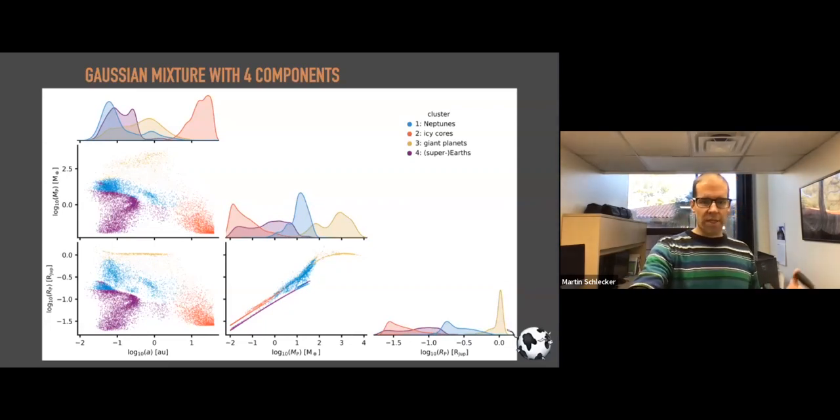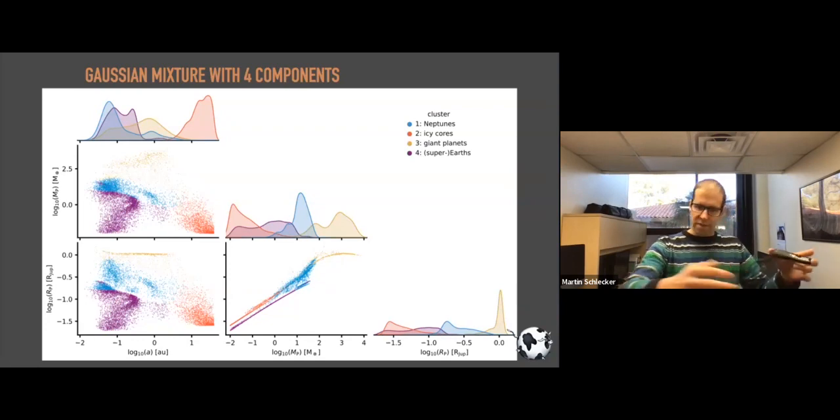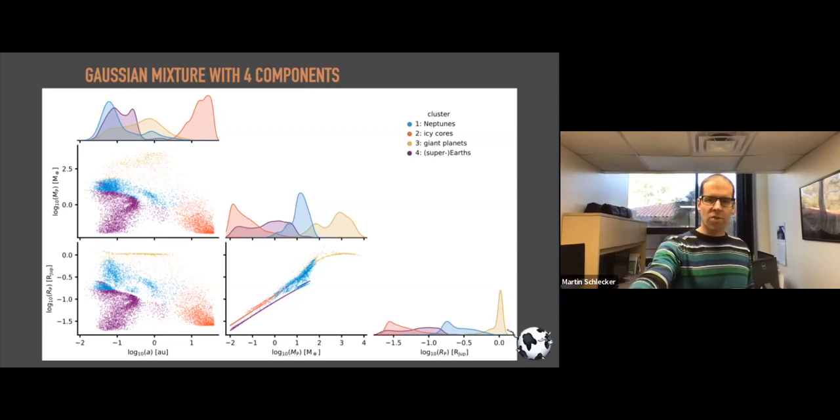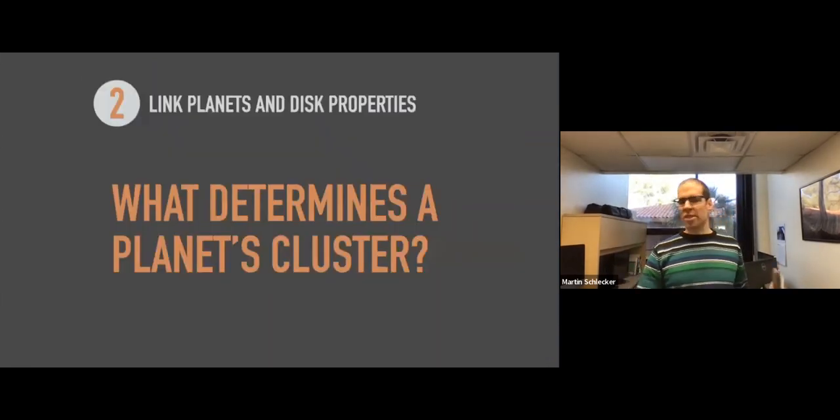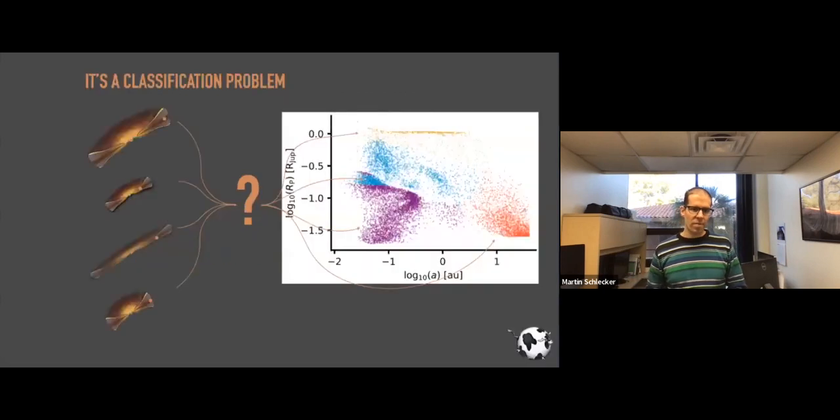So this is based on simulations at 5 gigayears. We look at the outcome of the simulations at 5 gigayears, but we also asked ourselves if we can trace these clusters back in time, all the way to the disk initial conditions, because we still want to establish this link between disks and planets.